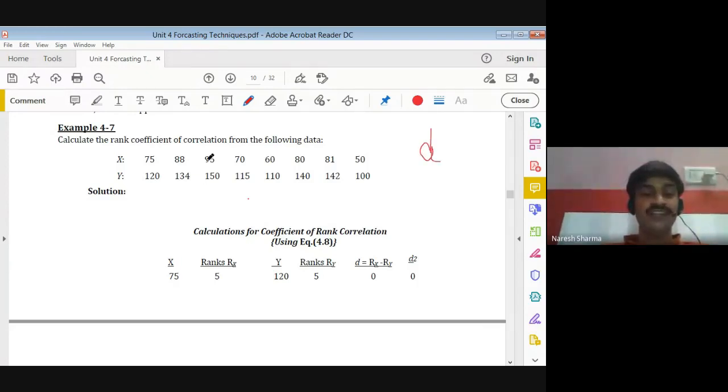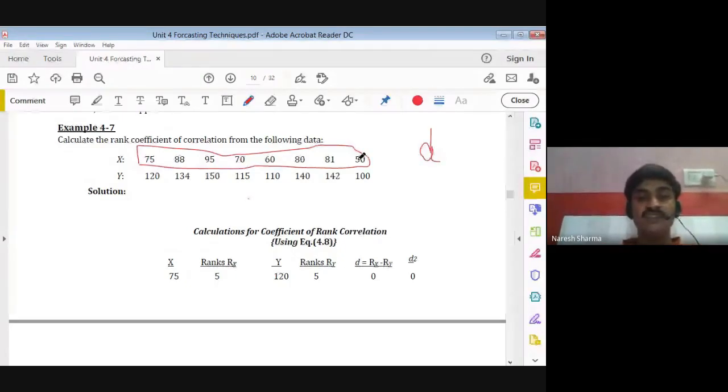But if quantities are given, like numbers are given here, like x having 75, 88, 95, 70, 60, 80, 81, 50, you must give them a rank, and it's your choice in an increasing form or even a decreasing form you can consider.